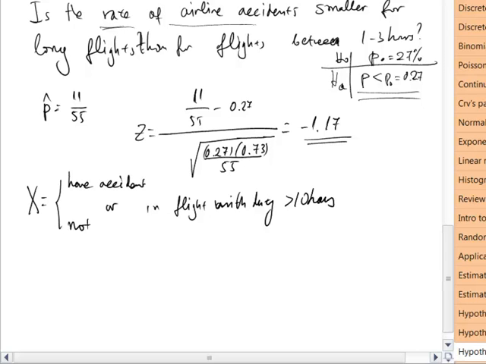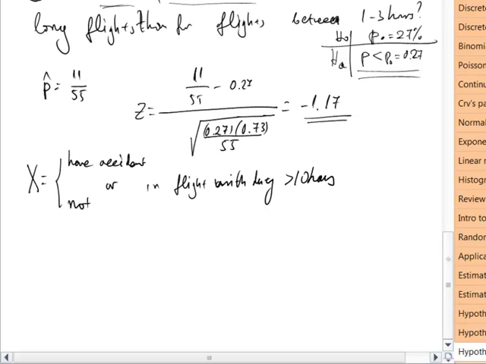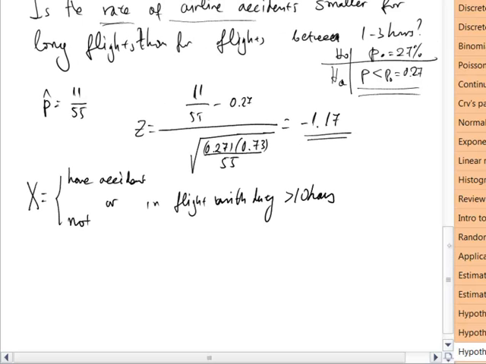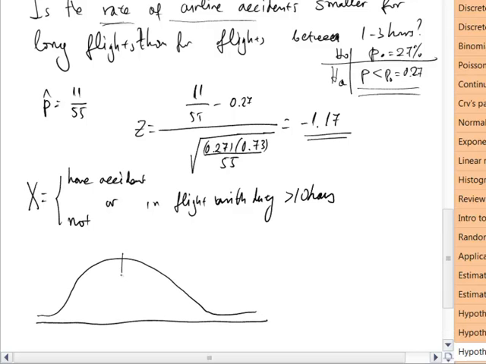So what is the value now of this statistic? Okay, let's look at the value. We have 1.17. So we go to the Z-score. I will do it with the P-value. So what would be the P-value? Let's see where the P-value is going to be. That's the normal distribution curve here.